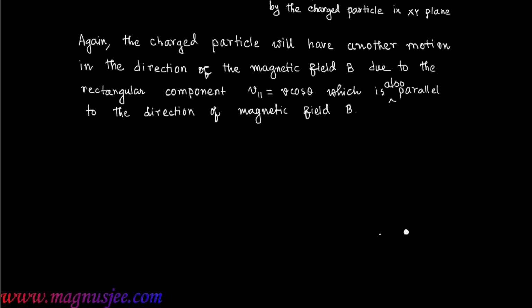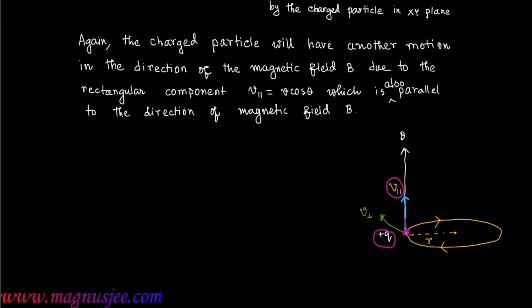The charged particle will have linear motion in the direction of the magnetic field due to the component V parallel equals V cos theta, and it also has the V perpendicular component. Due to V perpendicular, the particle moves in a circular path in the xy plane, and due to V parallel it has linear motion in the direction of the magnetic field.